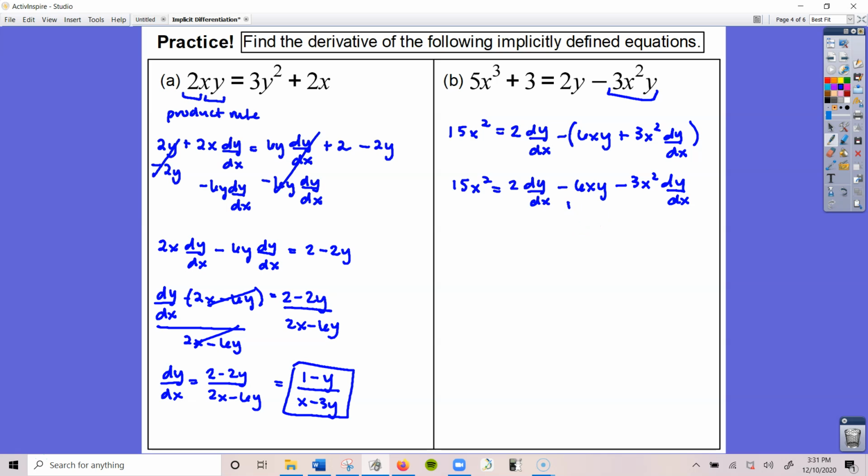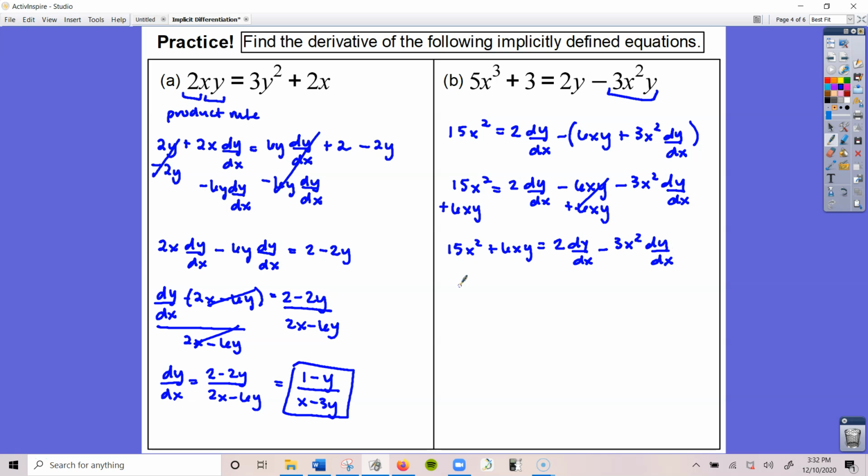So instead, I'm just going to add this 6xy over to the left. And then all of my dy/dx's are isolated on the right side of my equation. So we have 15x squared plus 6xy is equal to 2 dy/dx minus 3x squared dy/dx.